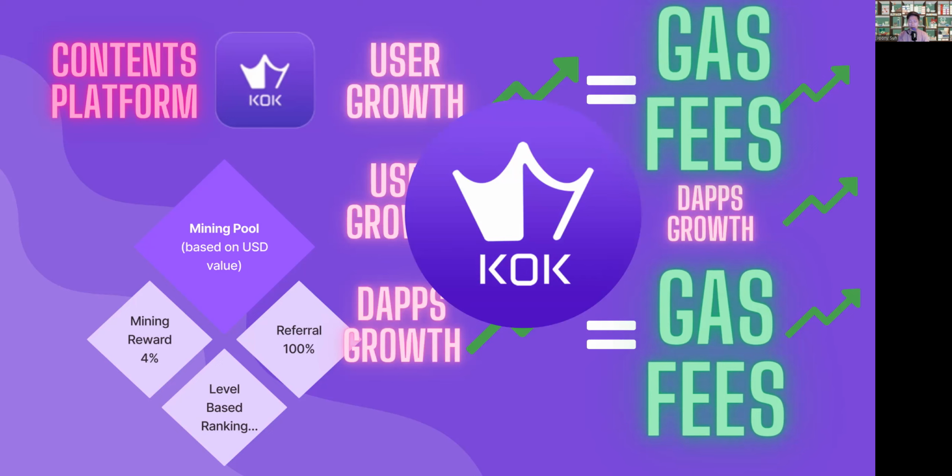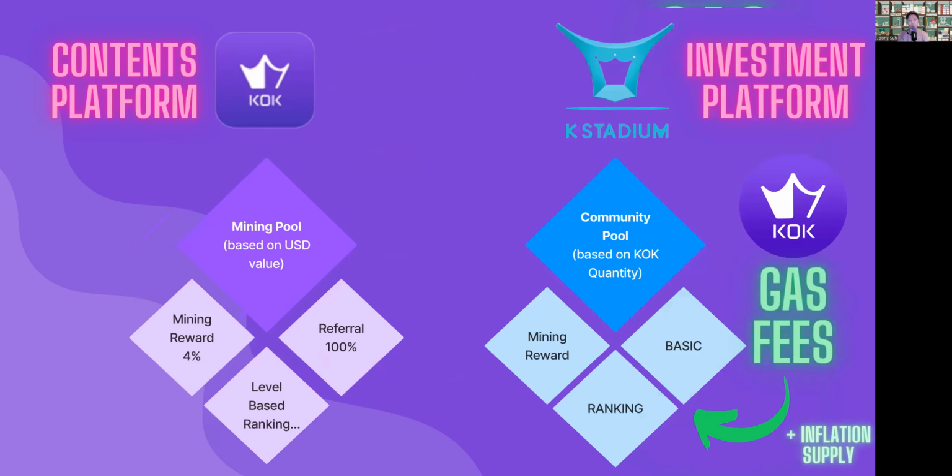And all of this KOK will be gathered up into a pool where it is distributed to people who have taken part in K-Stadium's community pool. This is where the supply of the KOK comes from. It is not that the foundation keeps printing new KOK.